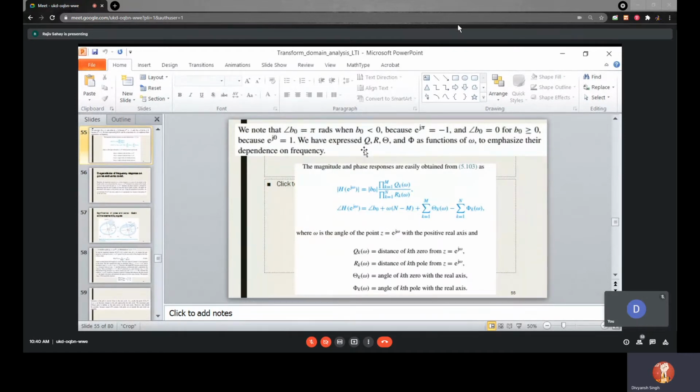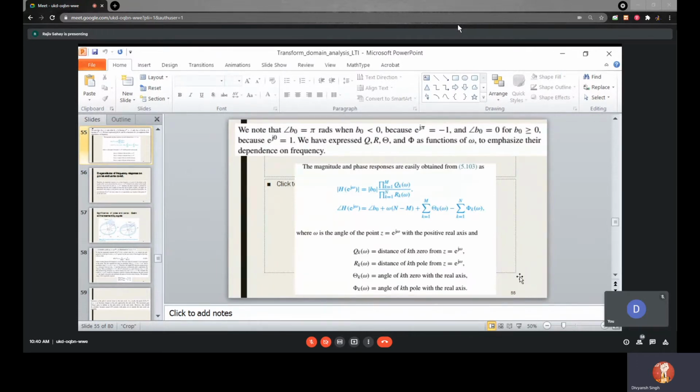And we have expressed q, r, theta and phi as functions of omega to emphasize their dependence on frequency. So the magnitude and phase responses can be obtained, and you can note down the explanation here. This will be the basis on which we will try to design filters.